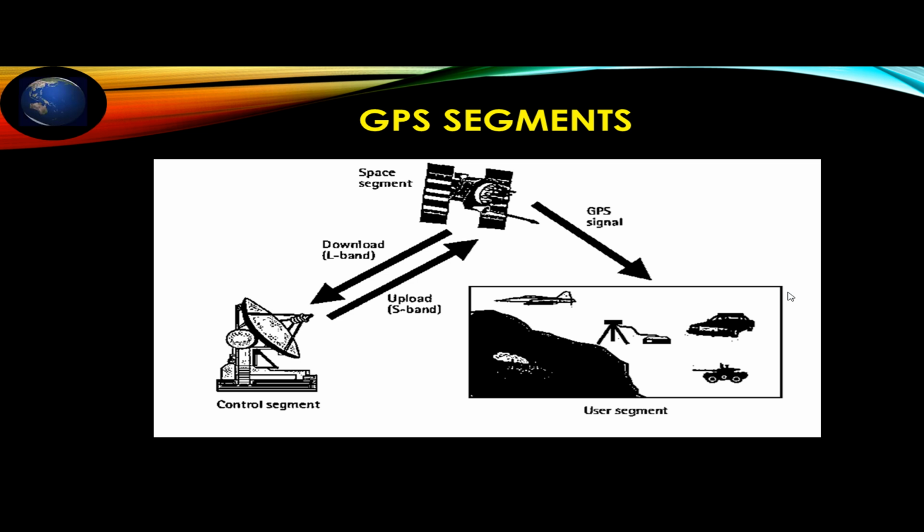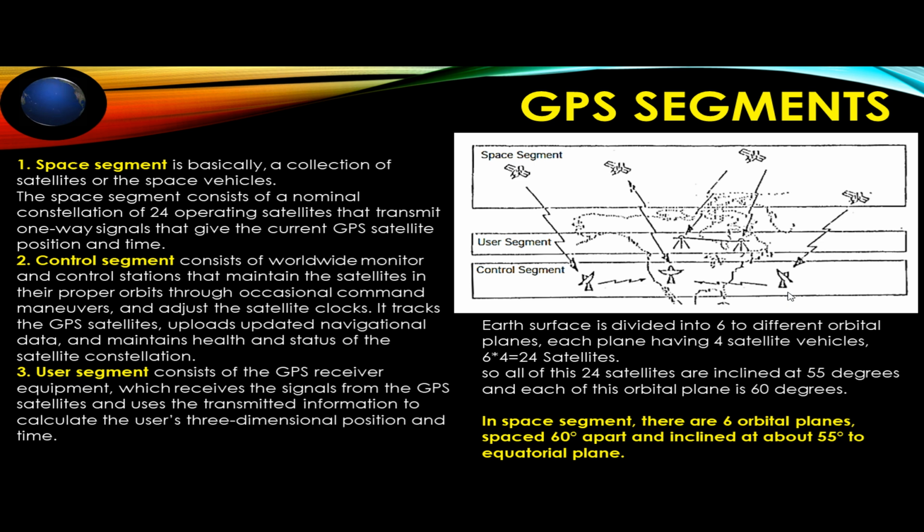When the data is sensed, downloaded or uploaded, it is handled and manipulated by the control segment, and these signals are transferred to the users, to us or anywhere on the globe, for receiving and understanding. That is called the user segment, where we are dealing. So we'll describe the space segment, control segment, and user segment.